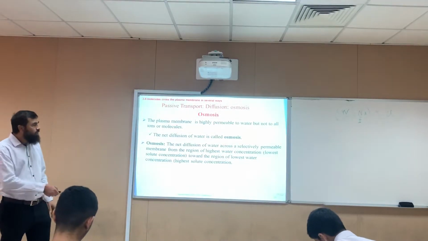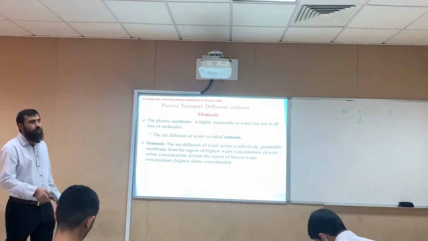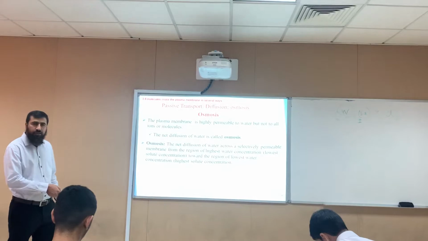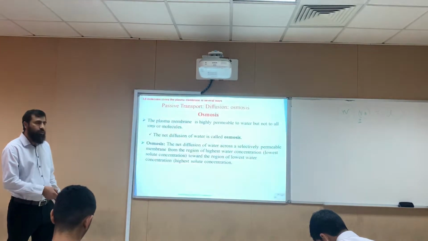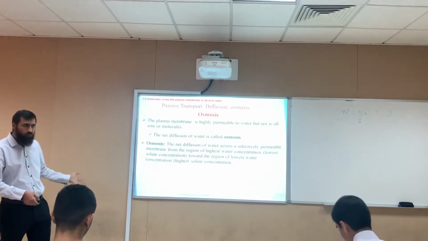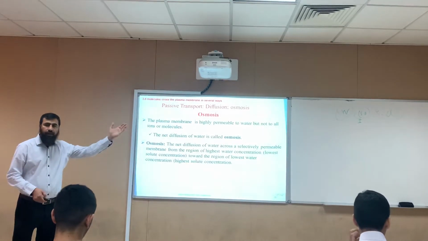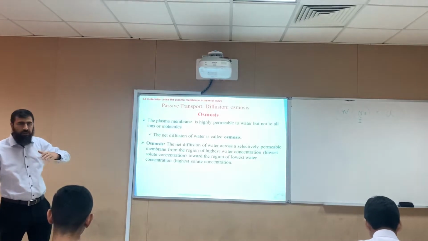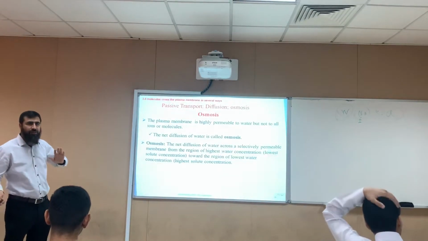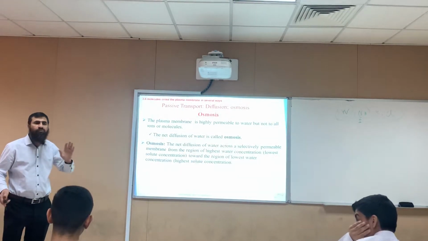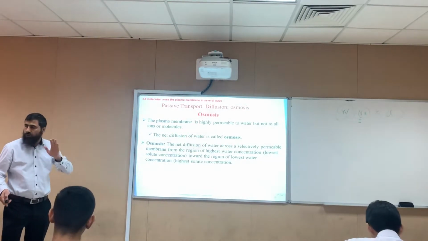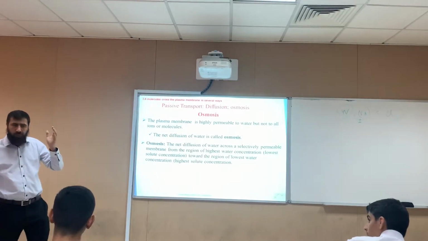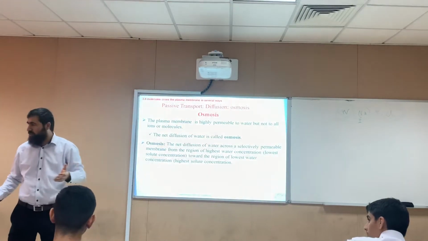So it's moving from a hypotonic to a hypertonic solution. So water moves from low solute to high solute regions. Any questions? So that's what osmosis is: movement of water from high concentration of water to low concentration through a selectively permeable membrane, like the plasma membrane.